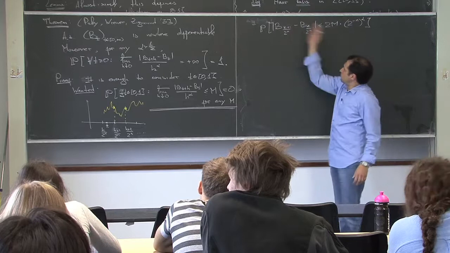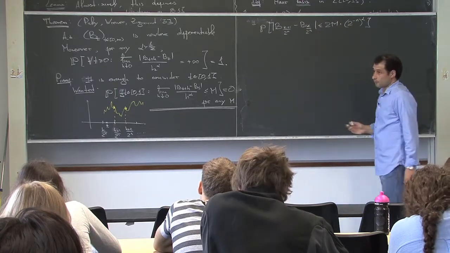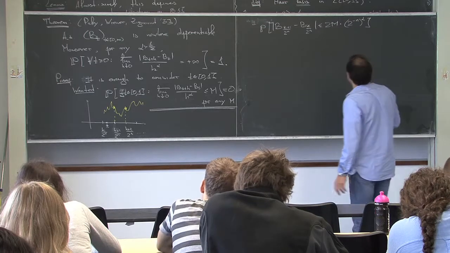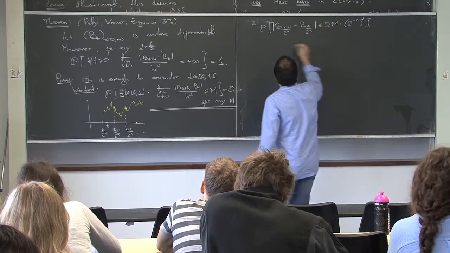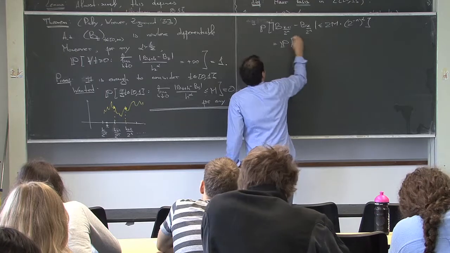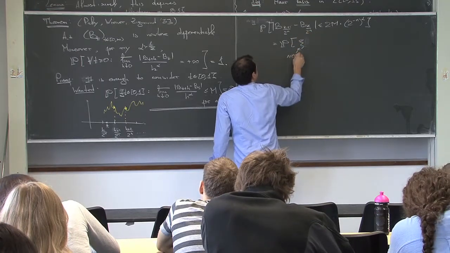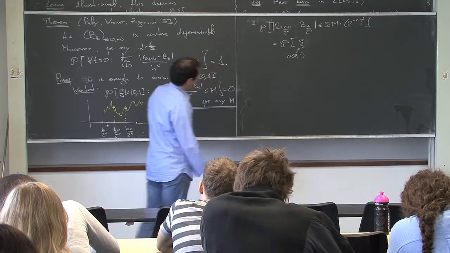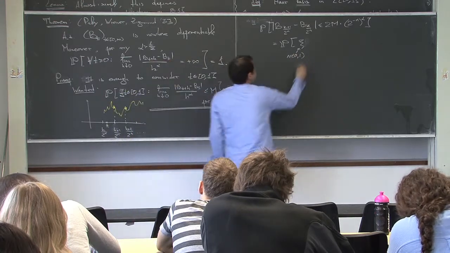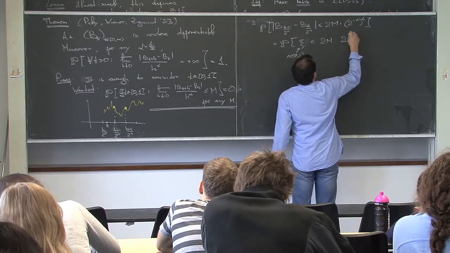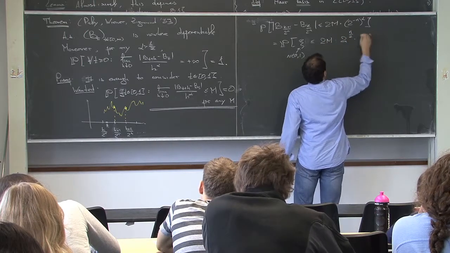Why? Because this is a normal variable, right? So this is the probability that the standard normal variable xi is less than 2m times 2^{n/2} over 2^{n alpha}.